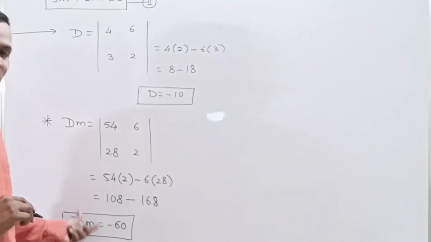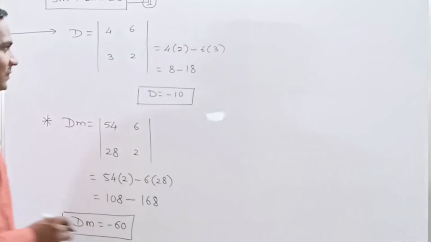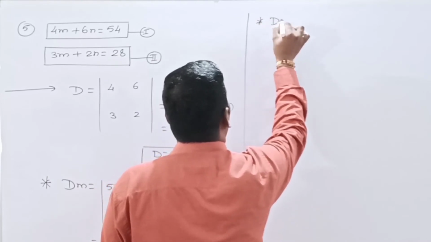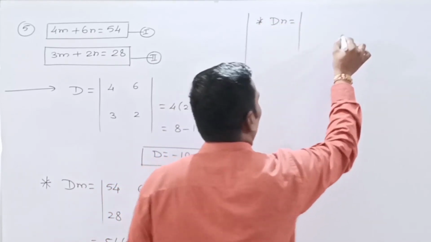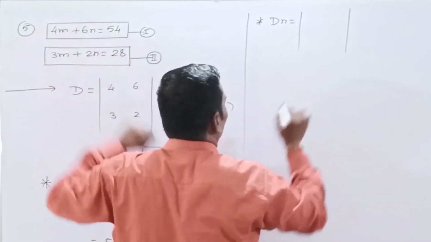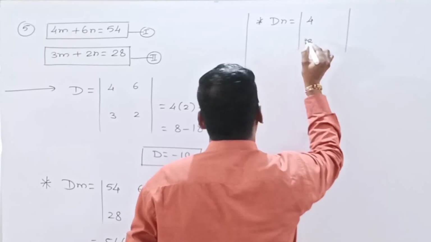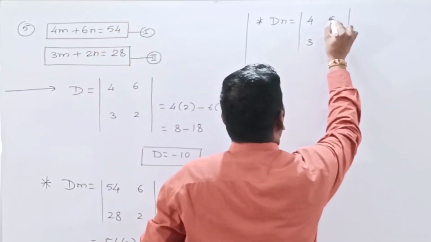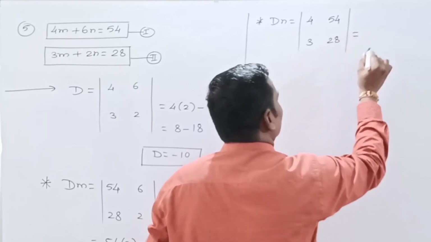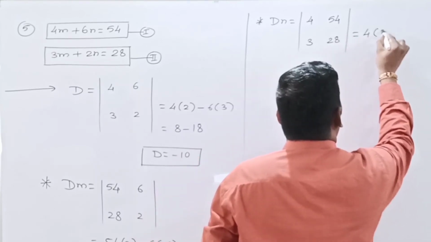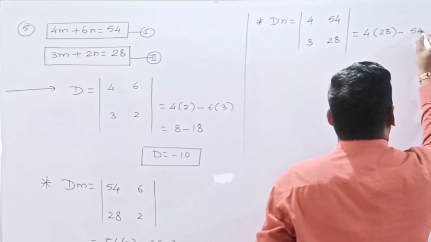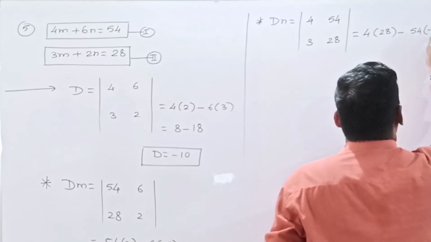Look at this, Dm is equal to minus 60. So let's find out the value of Dn now. After Dm we have to find the value of Dn. Again we are going to take the determinant here. Now the coefficient of the first term in a column, 4 and 3, now the constants are here, 54 and 28. So here it is. Now this will be 4 into 28 minus 54 into 3.